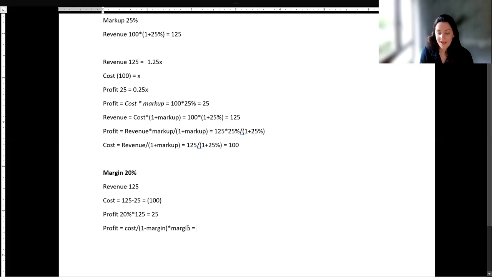Let's have a look. You take 100, you divide it by 1 minus 20%, and you multiply it by 20%, and you will not believe me, you will get $25.